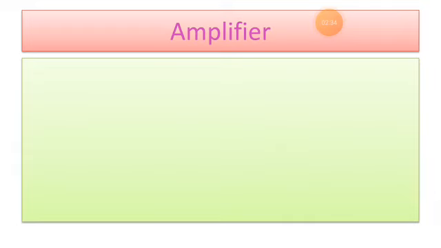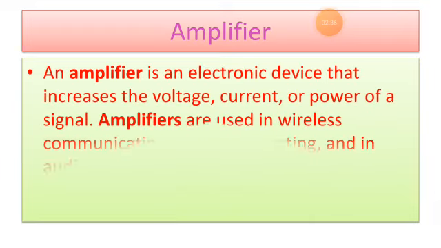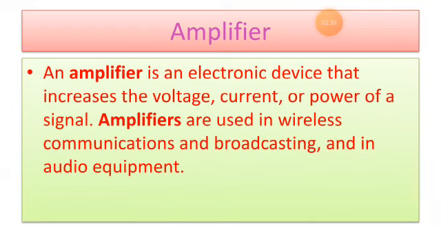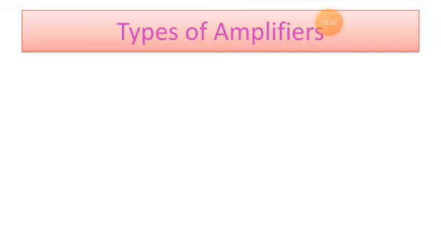These amplifiers are used in wireless communications and broadcasting and in audio equipment. Amplifier is an electronic device that increases the voltage, current or power of signal. It means when we give input, then we get a large amount of output. This is the main function or principle of amplifier.